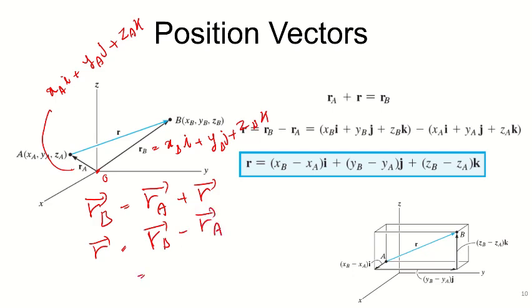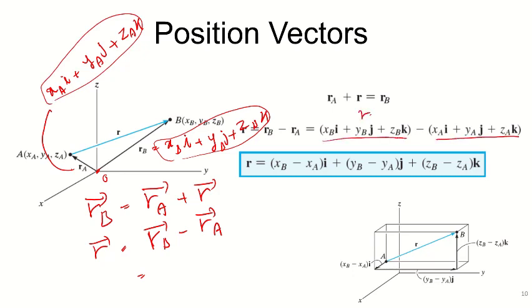So vector subtraction. This is the vector RB and this is the vector RA. You take the i terms together, you will get XB minus XA, and you take the j terms together, you will get YB minus YA, and k terms together, ZB minus ZA, right?